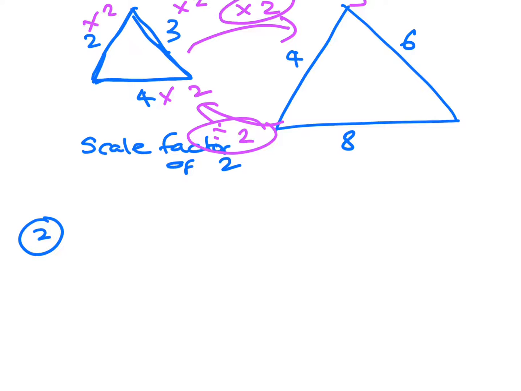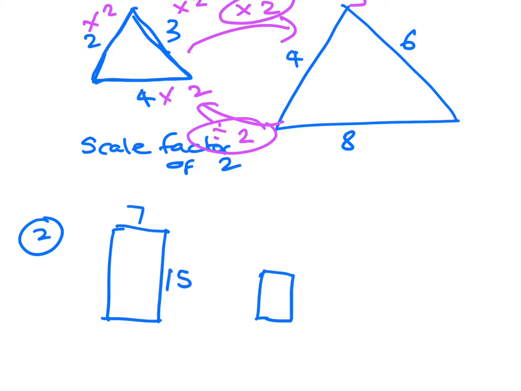Okay, but what if you had a big shape and then you shrank it? So let's just say we have a rectangle and we're going to make it half of the size. So let's just say this was 7 and 15. And we're going to use a scale factor of a half. So really what we're doing here is we're going from big to small.